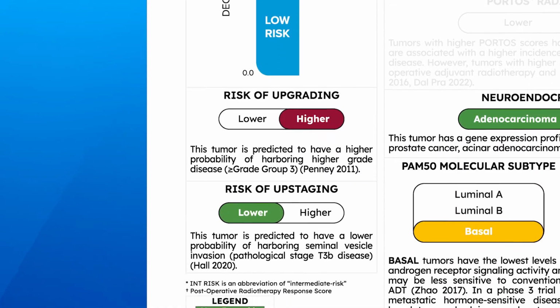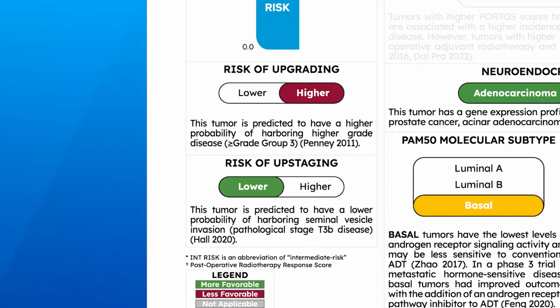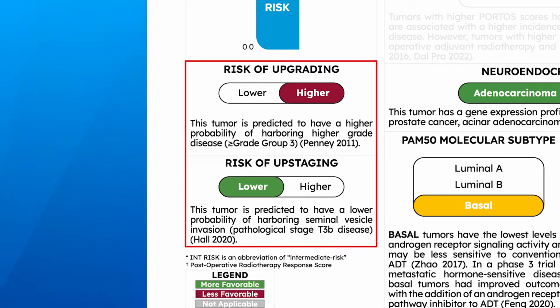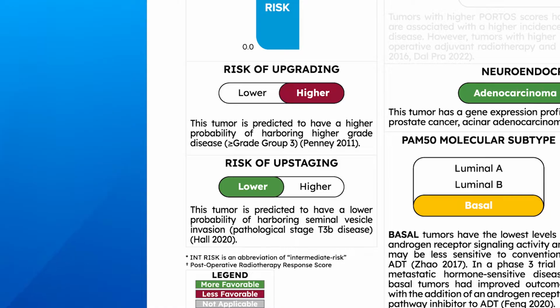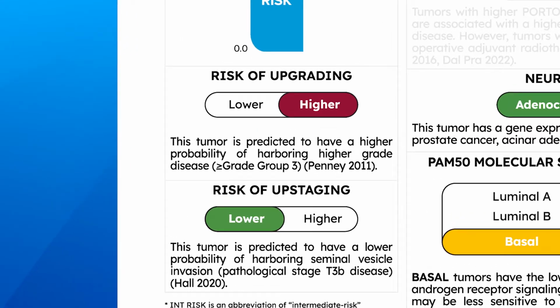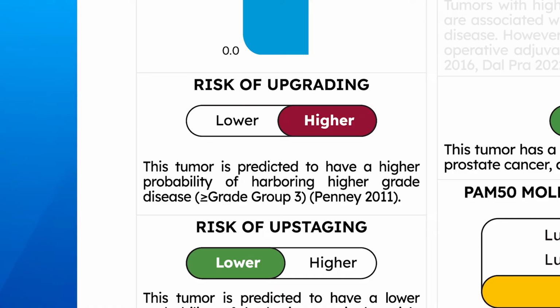Below the Decipher score, you'll see signatures indicating the risk of upgrading or upstaging. For the Decipher prostate radical prostatectomy GRID reports, both will be grayed out, as they apply obviously to biopsy reports only. We should note that the risk of upgrading is based on the molecular model that predicts the presence of Gleason grade group 3 to 5 disease at radical prostatectomy.